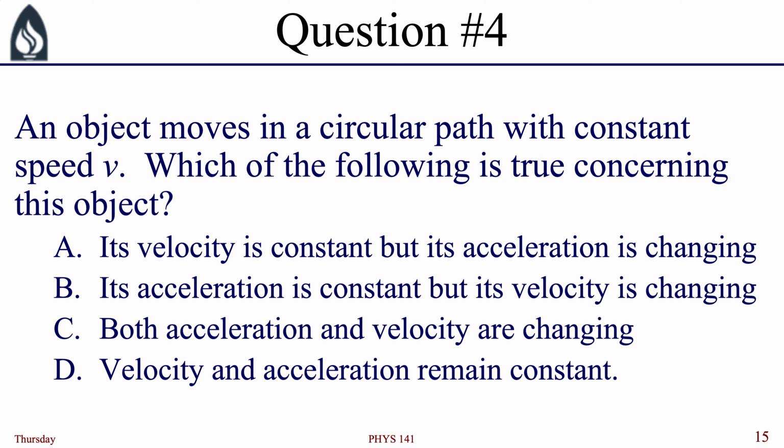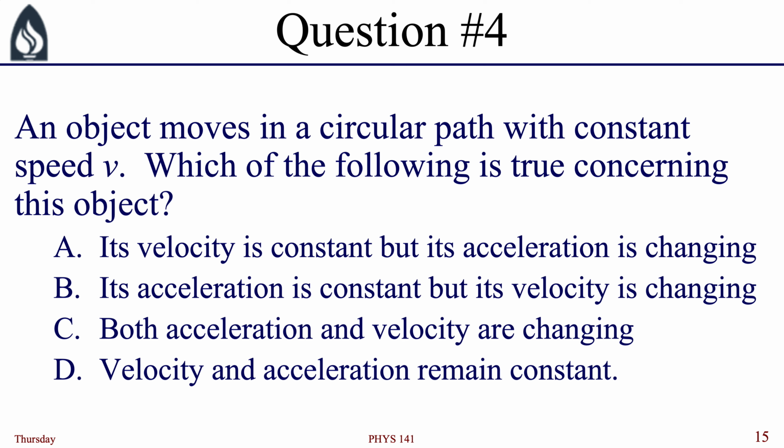What about the acceleration? There's no tangential acceleration in this case, but there would be centripetal acceleration. The centripetal acceleration magnitude is constant, since the equation for centripetal acceleration is v squared over r, and v is constant and r is constant.